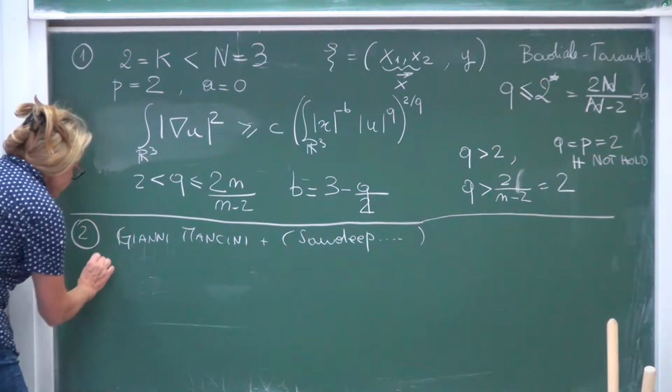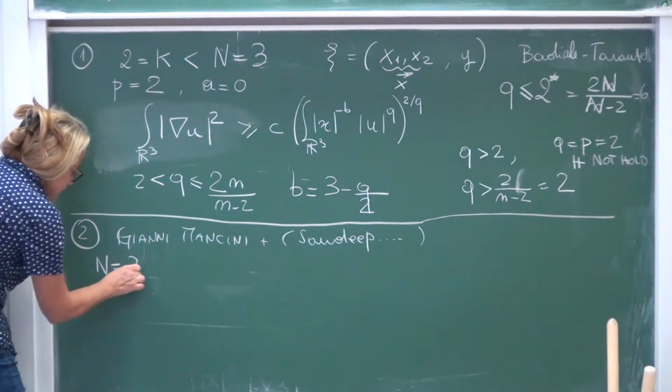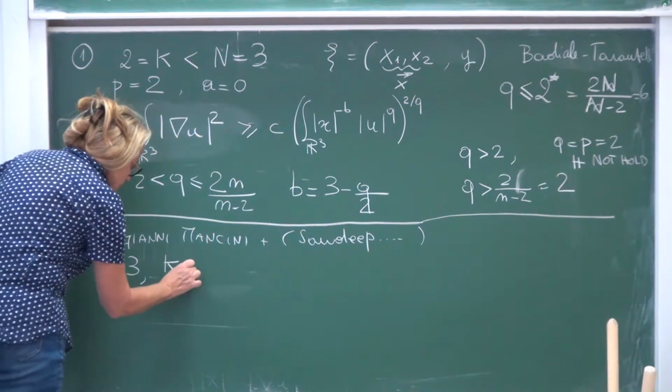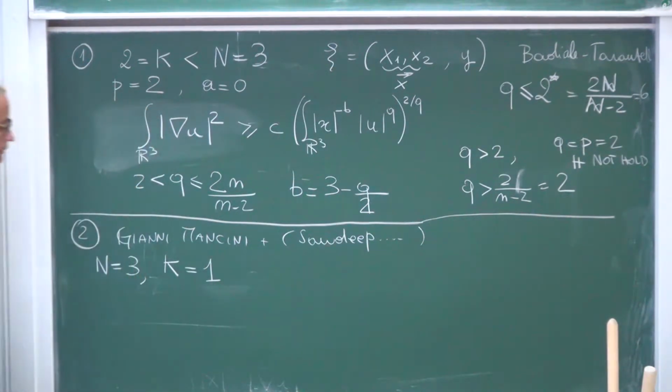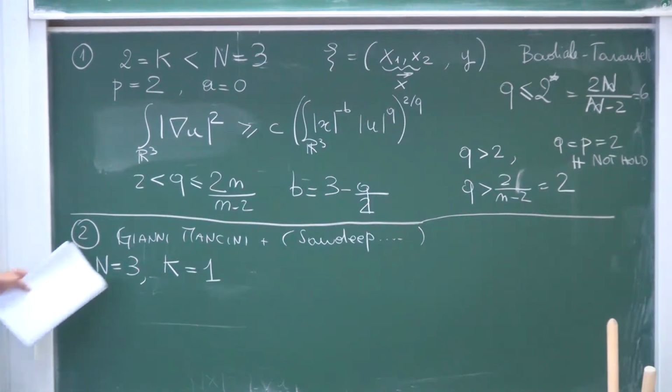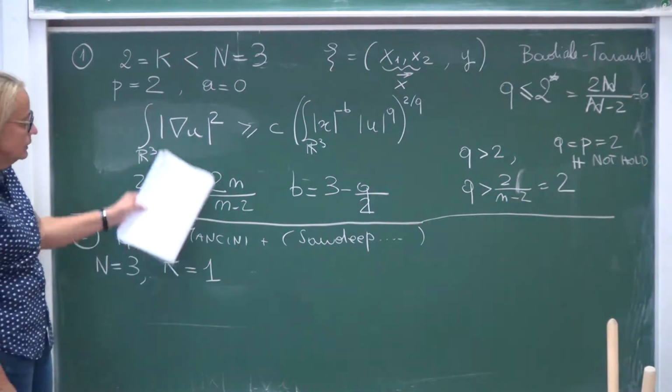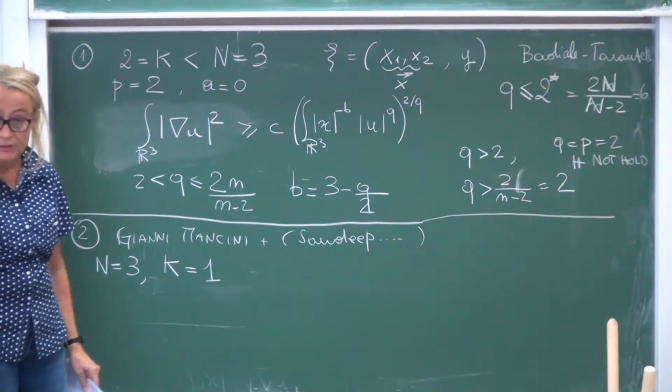So the case is n equals 3, k equals 1. So the singular set is a plane. It means that in this case, the singular set disconnects the domain.